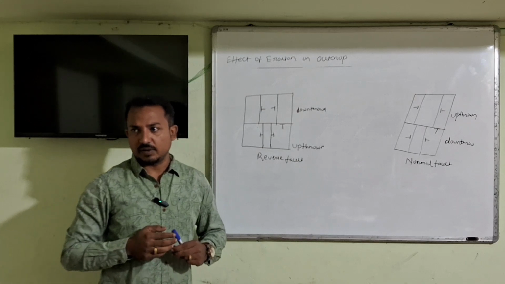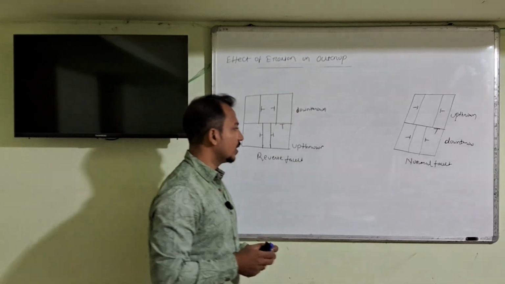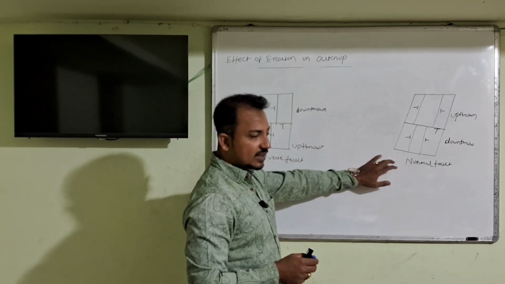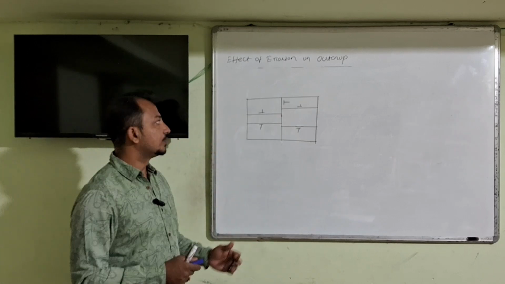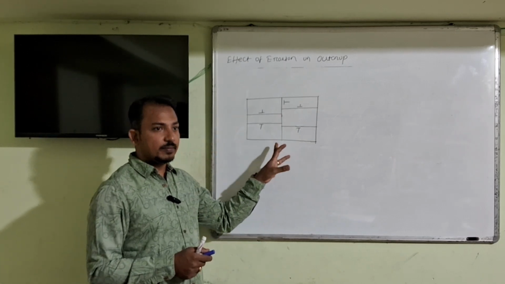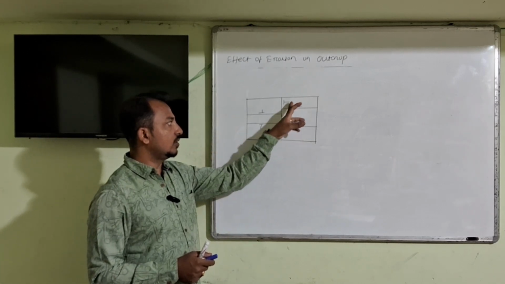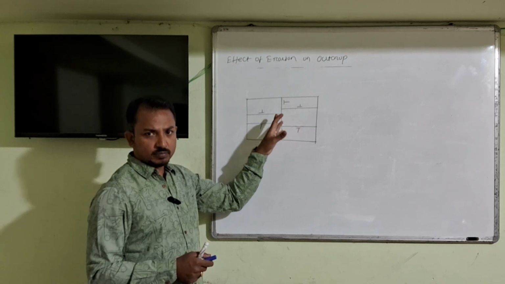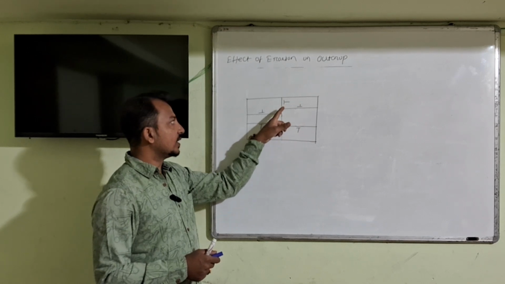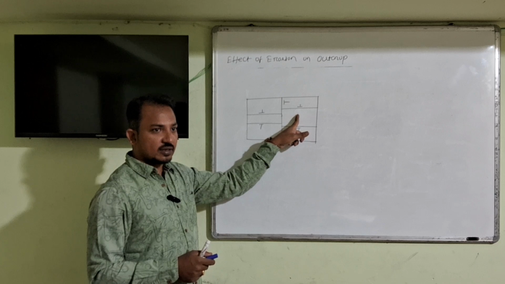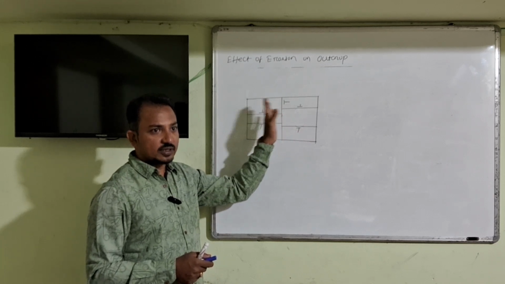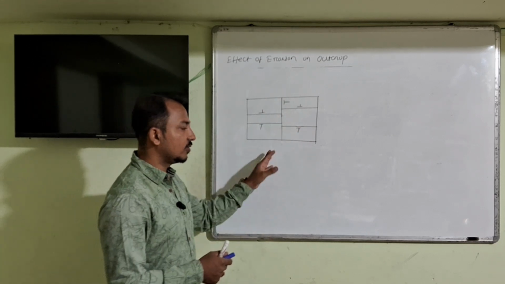Normal fault and reverse fault. So this is the antiform case and this is the synform case. From this you will know this is an antiform because the limbs are dipping away from each other. Then the fault plane dips towards the broader outcrop part, that means towards the upthrown part, so it will be a reverse fault.